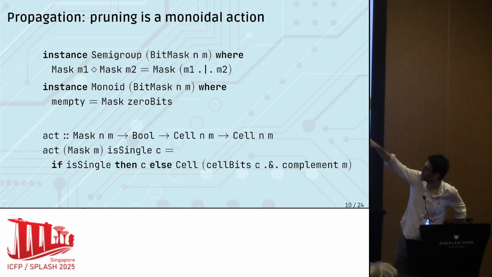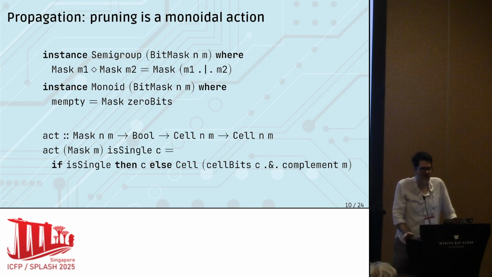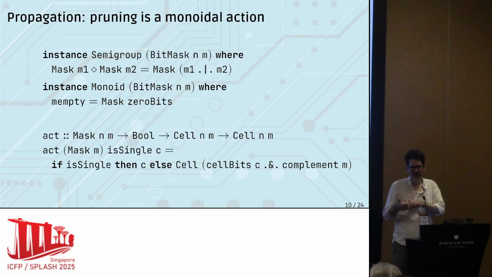Sorry, this should be mask, not bit mask. So the basic idea is that pruning itself is a monoidal action, because if you have two masks, which are just bit strings, and you combine them using bitwise OR, that corresponds exactly to saying, okay, this bit is not valid, and this bit is not valid. So if I combine them, both of these bits are not valid.